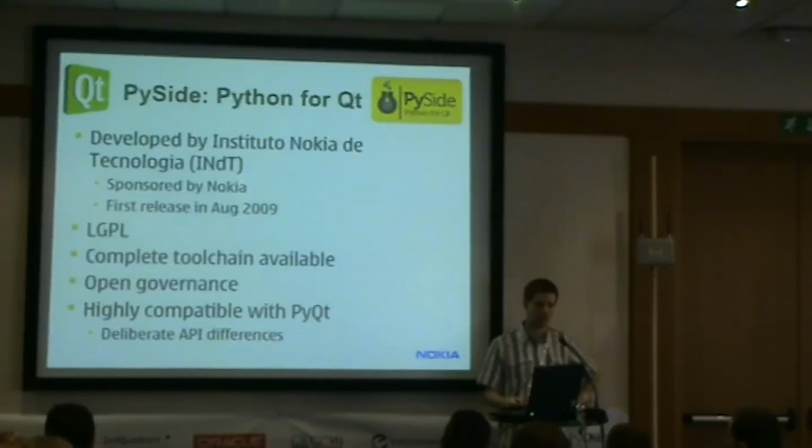PyQt in general makes a lot of sense, how they do things, and in most cases we have just adopted their practices. We have some deliberate API differences, in places where we think that we can do a lot better, or where we don't want to support some PyQt legacy features.